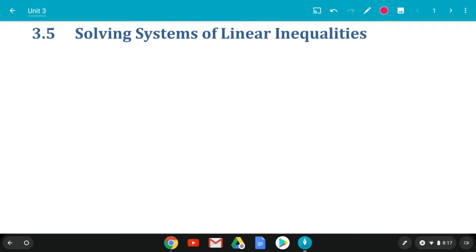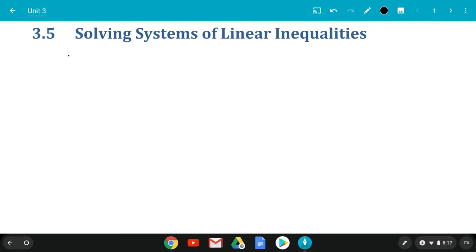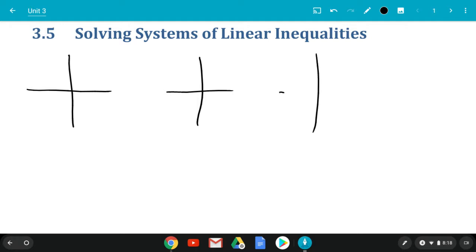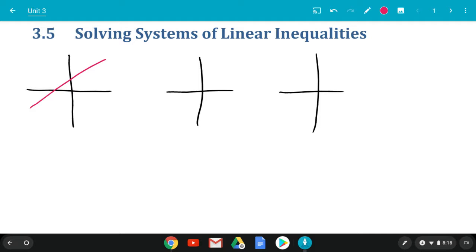There are basically 3 things that can happen when we're solving a system of equations. Okay, so here are my 3 coordinate planes. Let's say I have these 2 lines. Does everybody see where they intersect right there? That point of intersection is the solution to the system. That's what we're looking for.